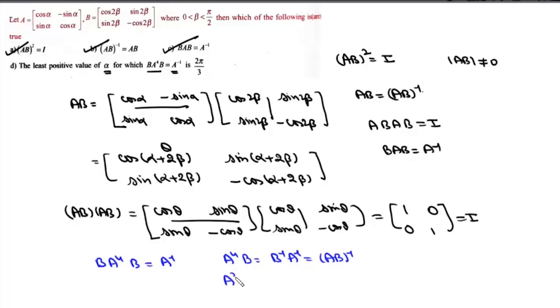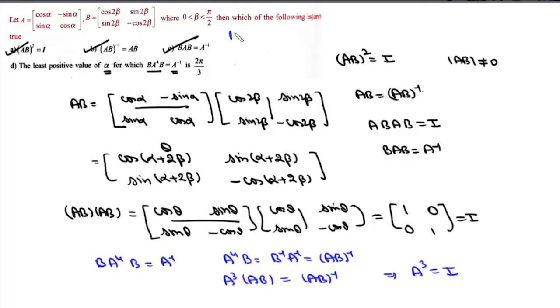Now it is A cube into AB and it will be equal to (AB) inverse. Now the second part we already know (AB) inverse is equal to AB. So from here we'll get this condition that this A cube must be equal to I.